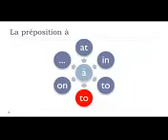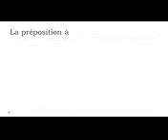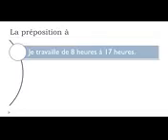Alright? And so now we'll see the second use of this to, but when it's combined with the preposition de, like here. So de would be from, and then you put something, and à will be the to.